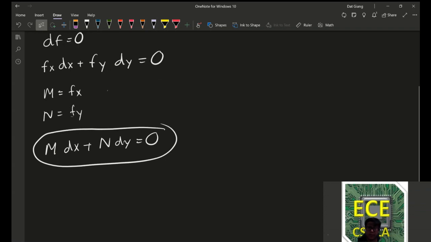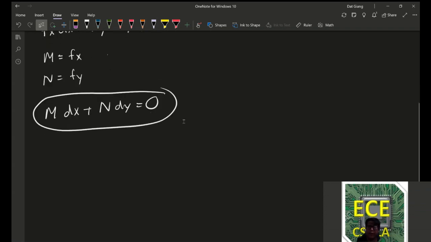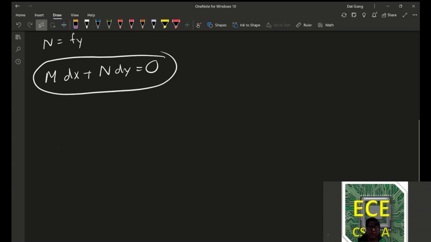But in order to solve this differential equation, there's a few things we want to check. One is Clairaut's theorem. Clairaut's theorem states that for a given function, if it's twice differentiable and its second partial derivatives are continuous, then we're able to model the following relation.